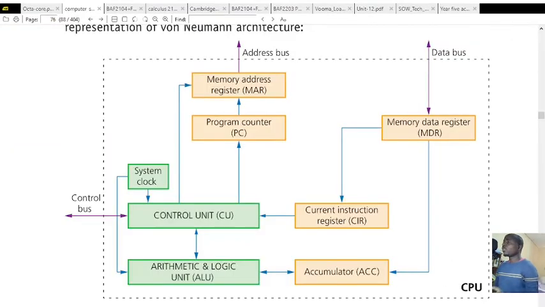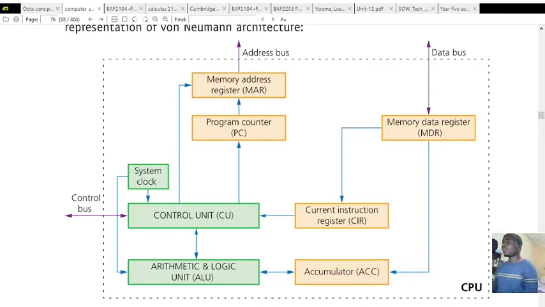So the von Neumann design architecture looked something like what I have here for you. The design had the following registers: the memory address register, the program counter, the memory data register, the current instruction register, the accumulator, the system clock, the control unit, and the arithmetic logic unit.